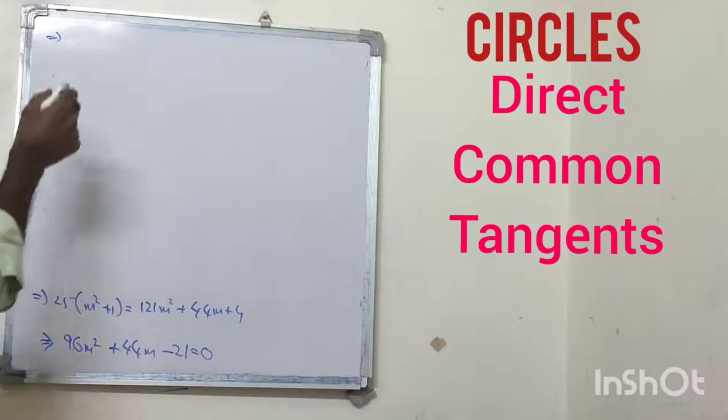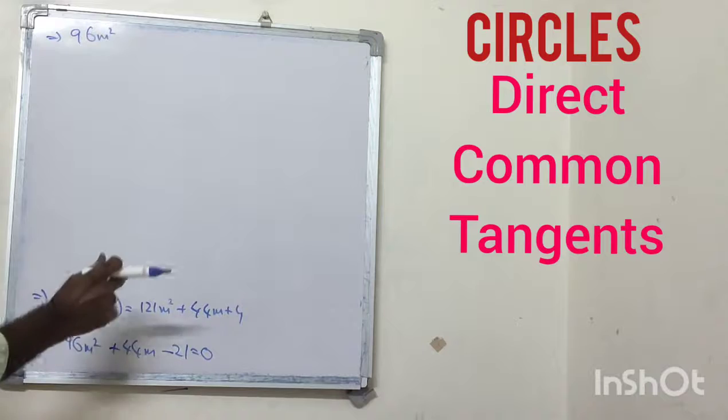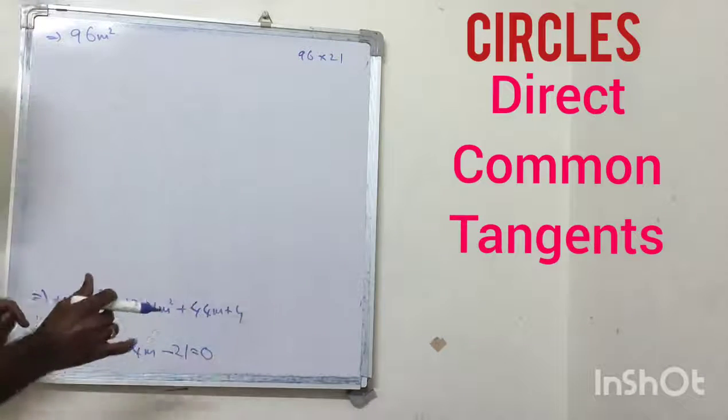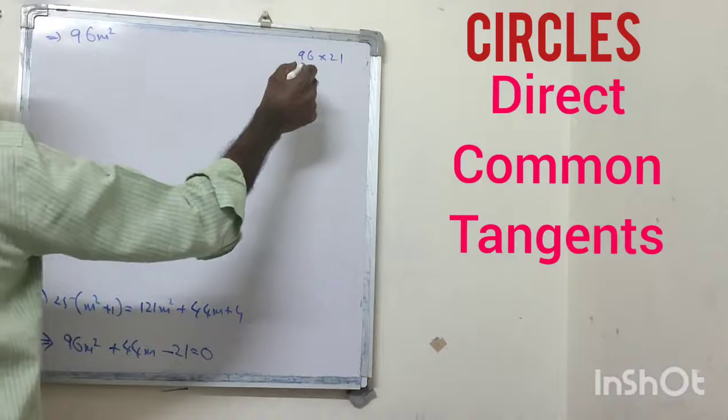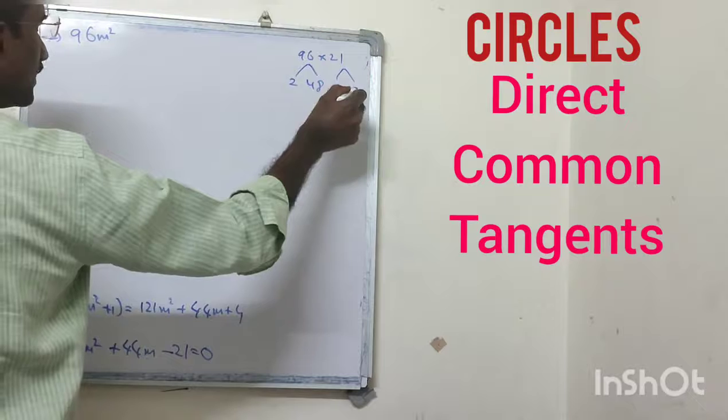Now let us factorize this. 96m square and 21: see the way of factorizing it. 96 you can write as 2 into 48, and 21 as 3 into 7.